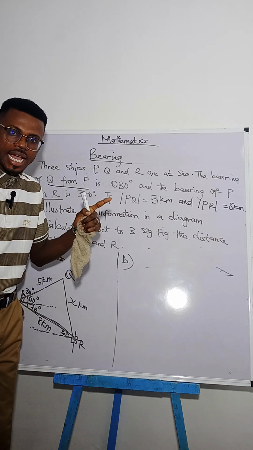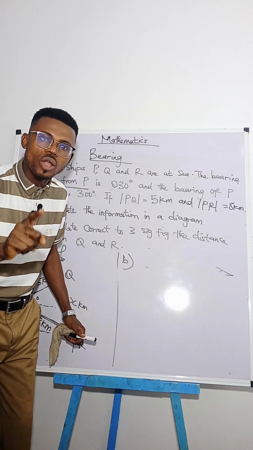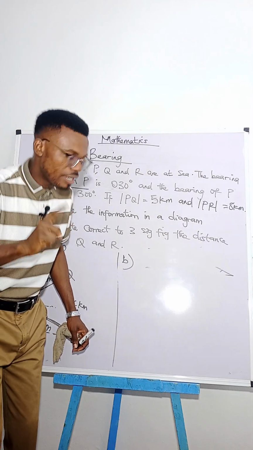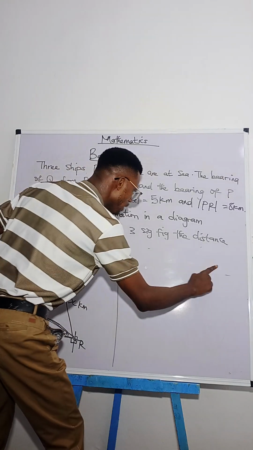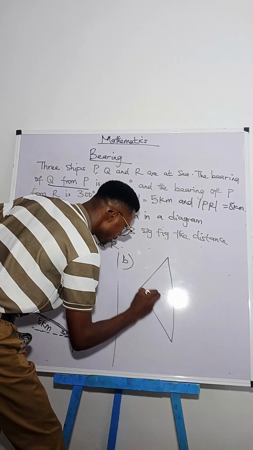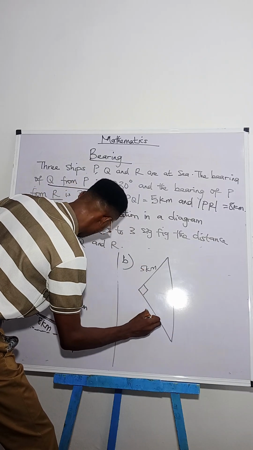When you have 90 degrees, what comes to your mind? A right angle triangle, because a right angle triangle is a triangle that has one of its angles to be exactly 90 degrees. So if I bring that out, I have something like this. This is my 90. This is 5. This is 8.